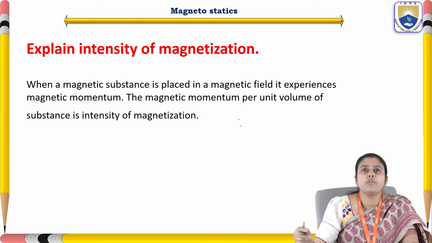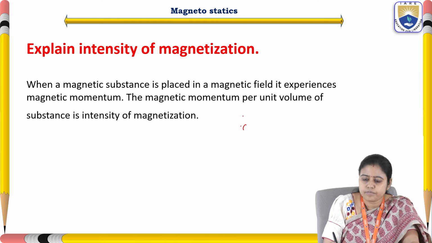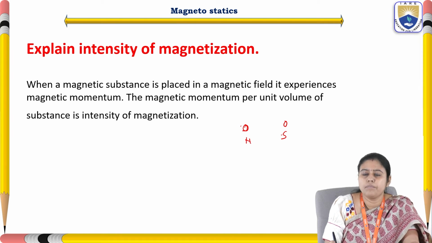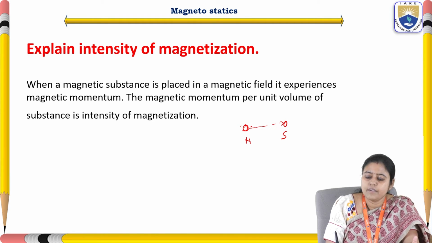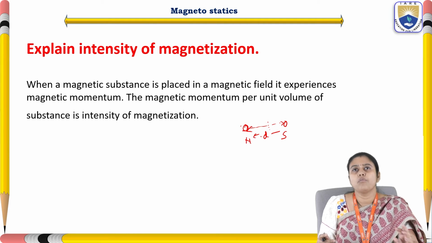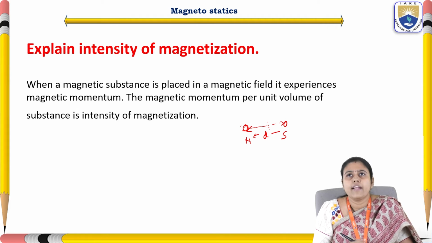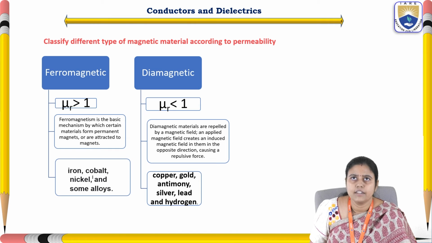If two poles of equal magnitude but opposite in direction, one north pole and one south pole, are connected along an axis by a distance d, both will feel some torque or moment, and the magnetic moment per unit volume is known as the intensity of magnetization.